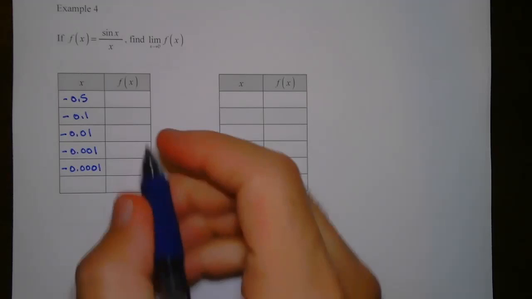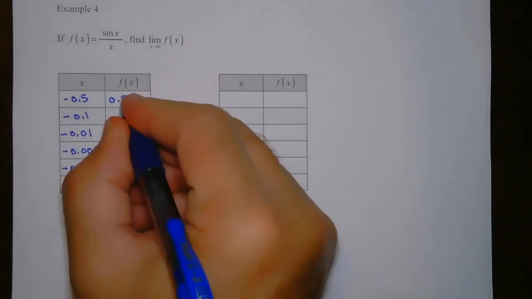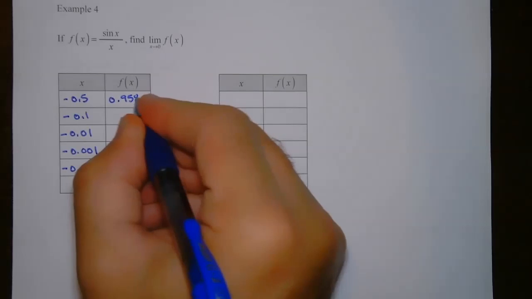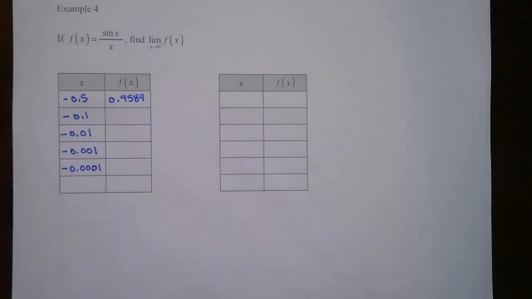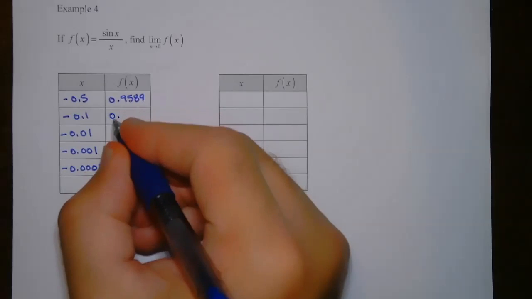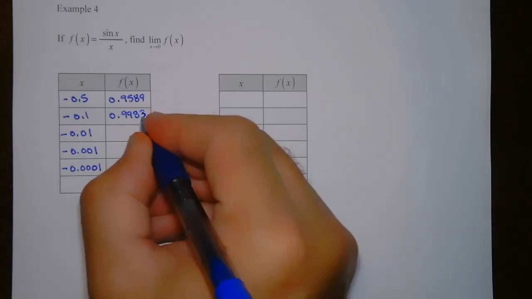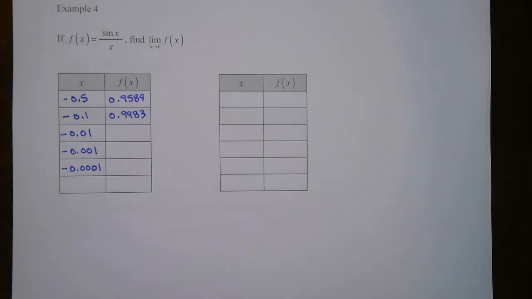So at negative 0.5, I got 0.9589. And then negative 0.1, and I get 0.9983. This is going to be an important limit that we're doing right now. You just don't know that yet, okay? And then negative 0.01.